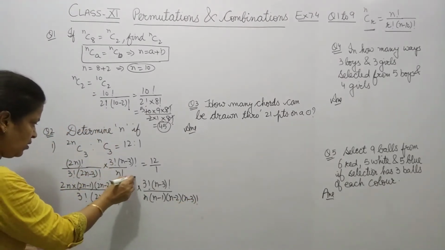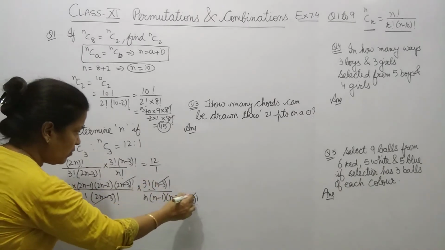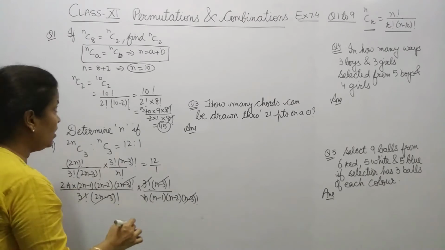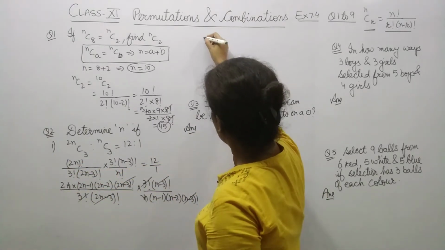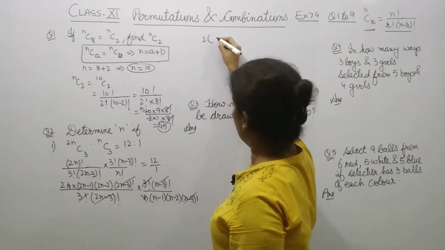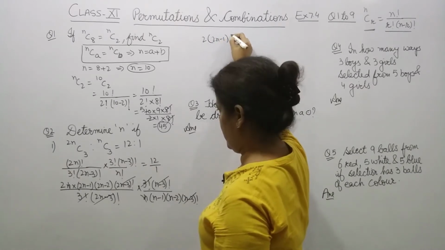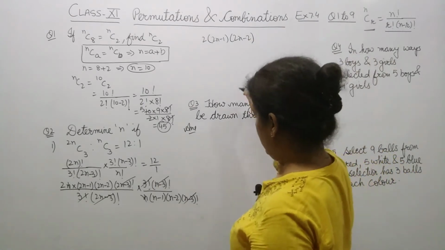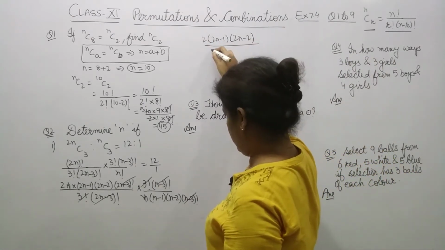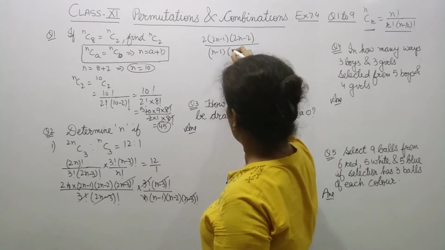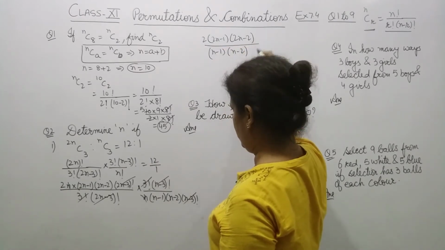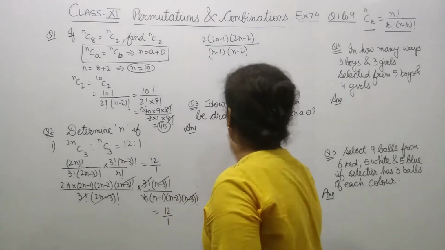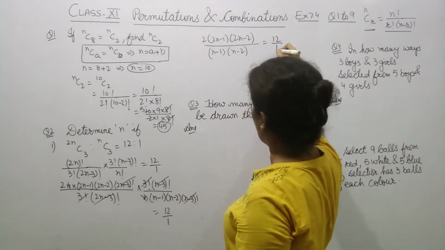Now we will cancel the terms. These terms will be cancelled out and the remaining terms will be 2, then 2n minus 1, 2n minus 2, upon n minus 1, n minus 2. This is equal to 12 upon 1.